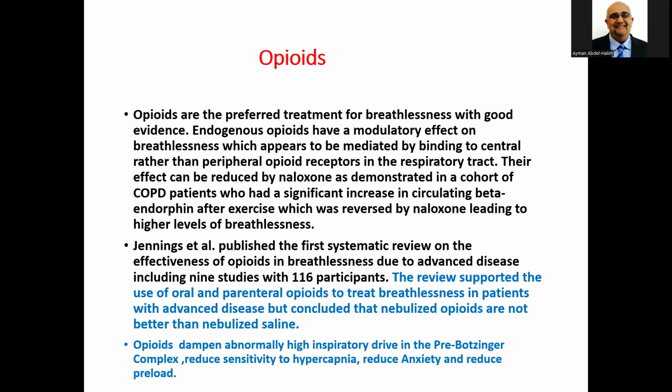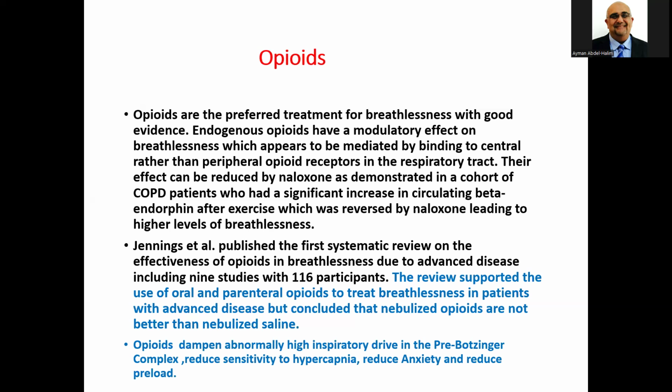Opioids. So opioids are the preferred treatment of breathlessness with good evidence. Endogenous opioids have a mandatory effect on breathlessness, which appears to be mediated by binding to the central rather than peripheral opioid receptor in the respiratory tract.